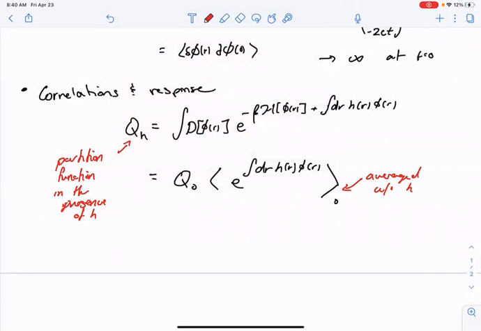This is useful because it reminds us that this partition function, QH, is a generating function.